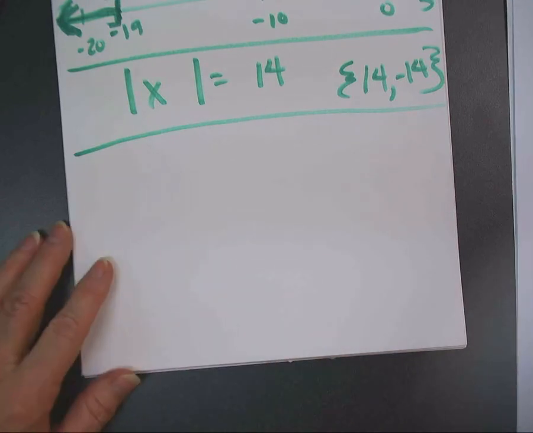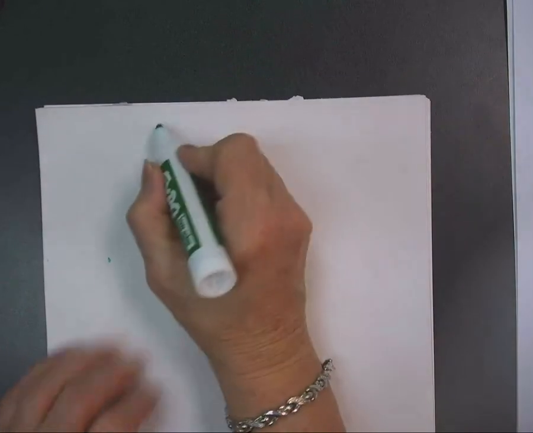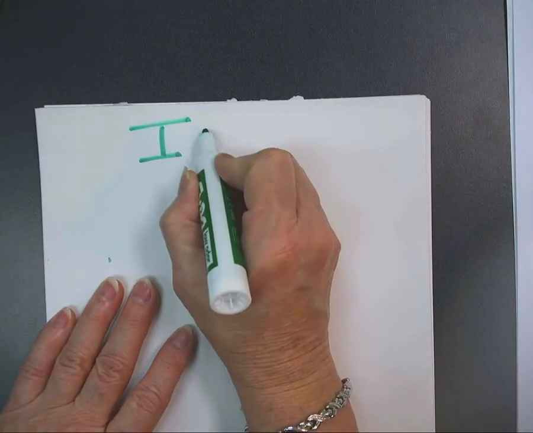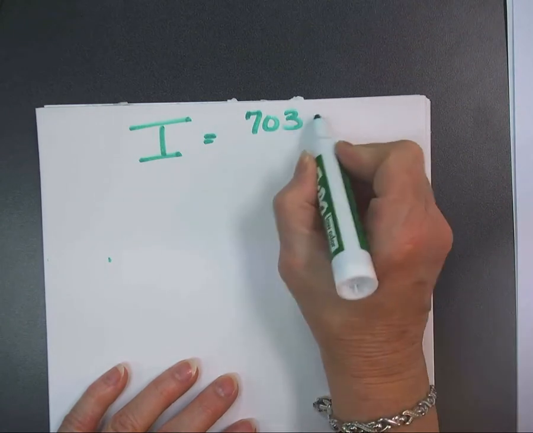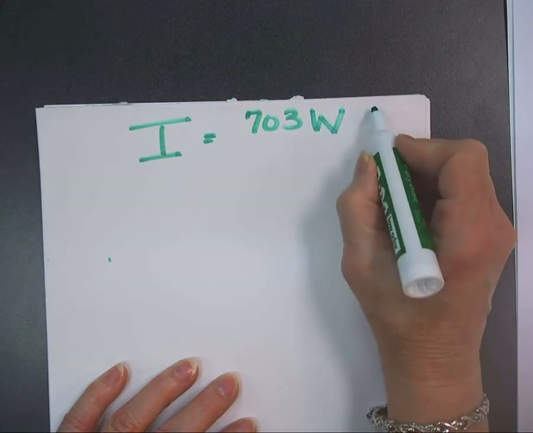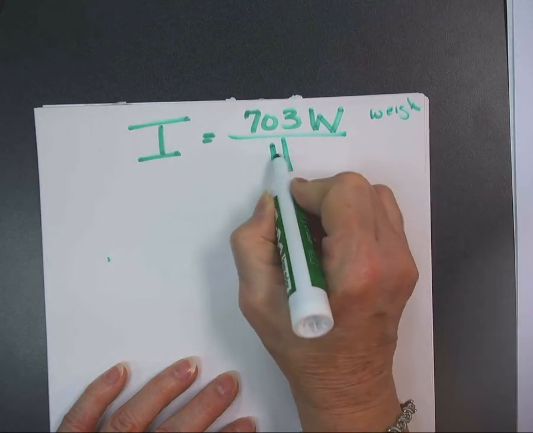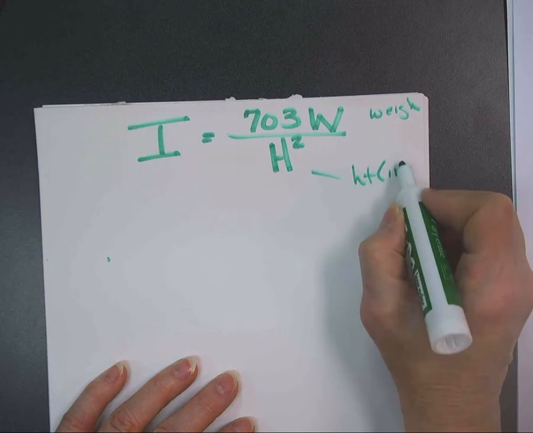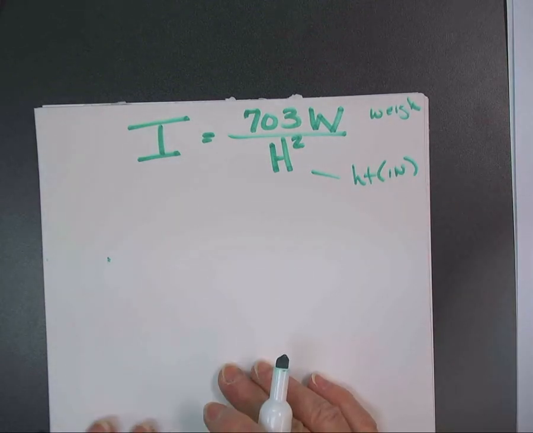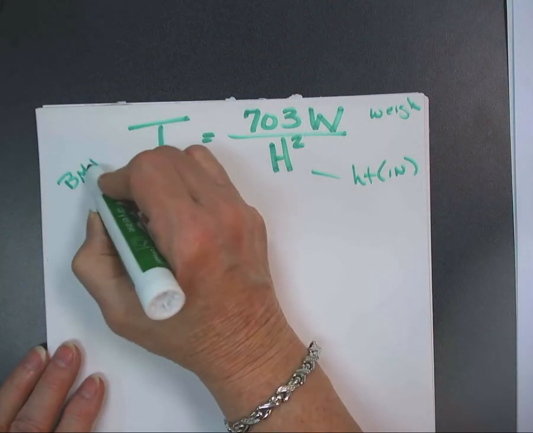Okay, body mass index. And we get a new paper. Body mass index is 703 times the weight, divided by height squared. The height is in inches. The I is your BMI, your body mass index.